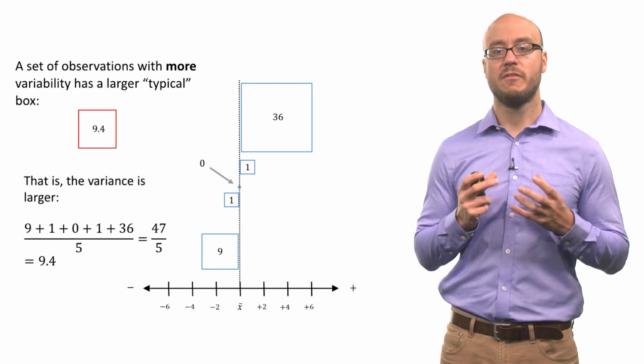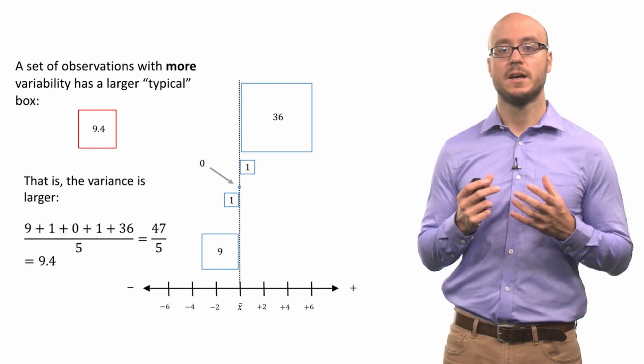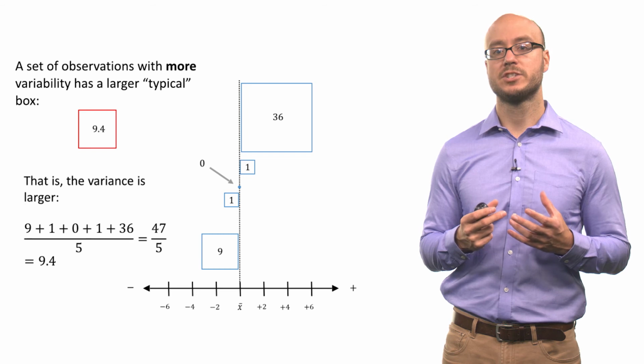So you can see that the variance, as the average of the sum of the squared deviations around the mean, does reflect more or less variability in a data set. A higher value of the variance suggests greater variability in a set of observations. A lower value of variance suggests a lower level of variability. But one problem with the variance is that it's expressed in units squared.